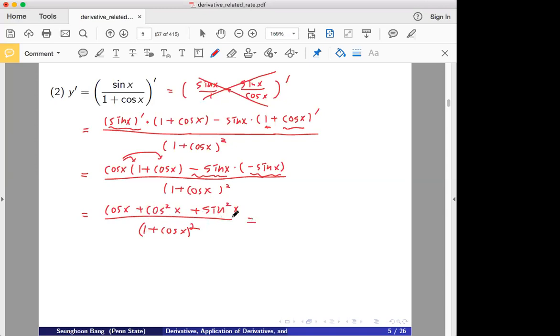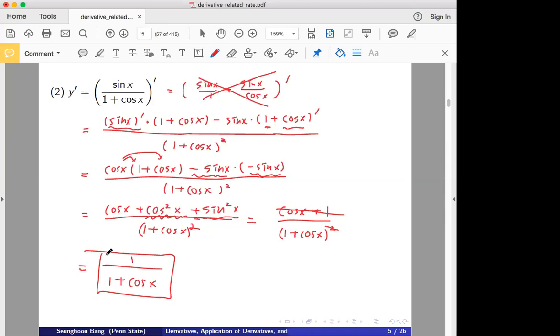What is cosine squared of x plus sine squared? Yes. Cosine squared of x plus sine squared of x is just 1, over 1 plus cosine x squared. So a common factor is crossed out. So we have 1 over 1 plus cosine of x. That's it. This is the whole idea for solving this problem.